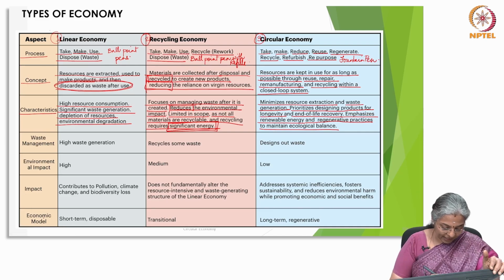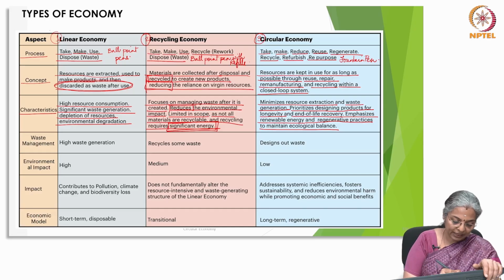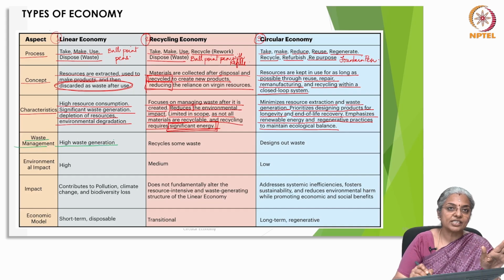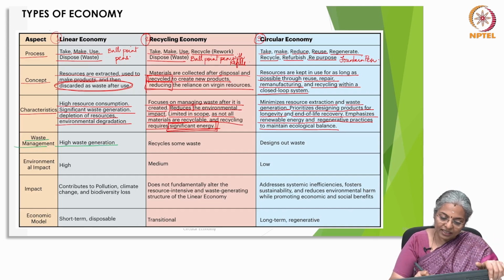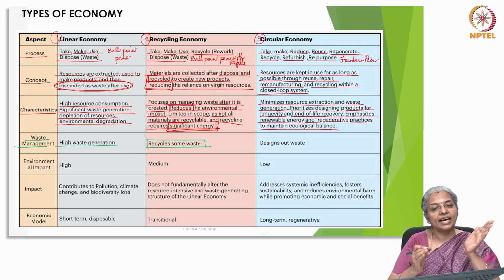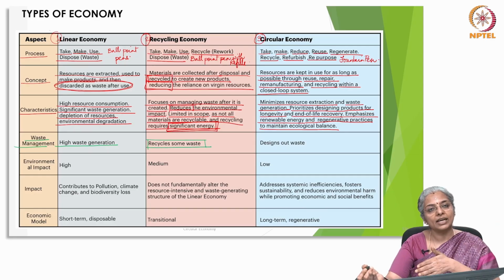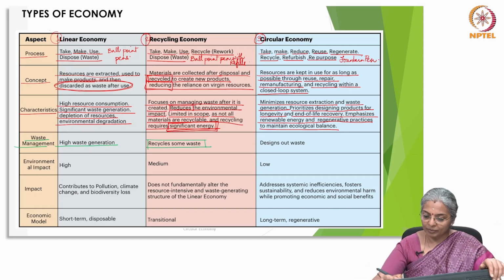If we look at how waste is managed in each of these economies, linear economy has high waste generation, in fact the highest waste generation. In the recycling economy, there is partial recycling of some waste and the other waste goes away like the linear economy.